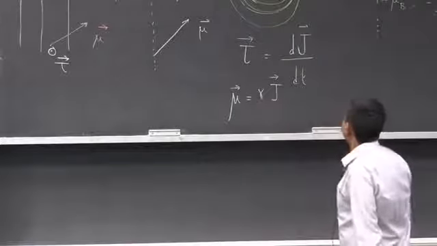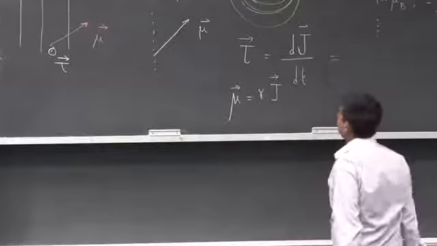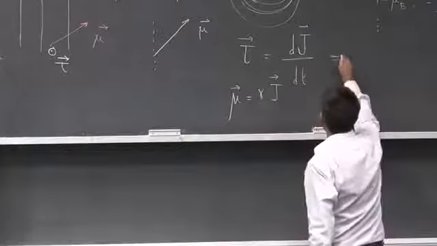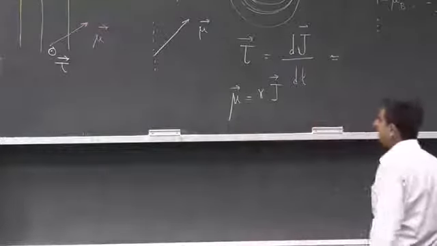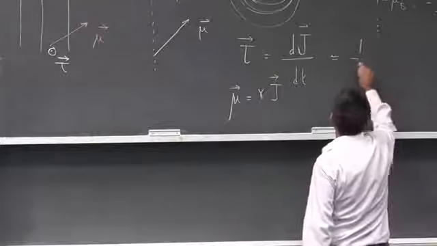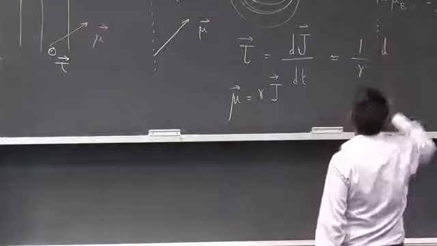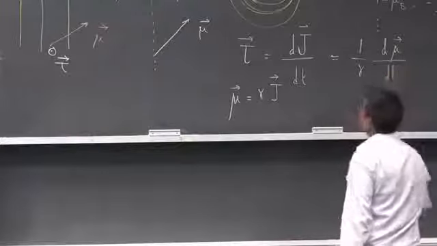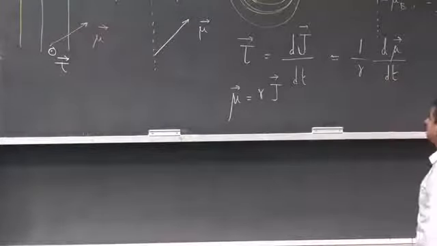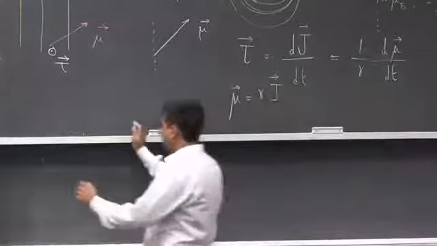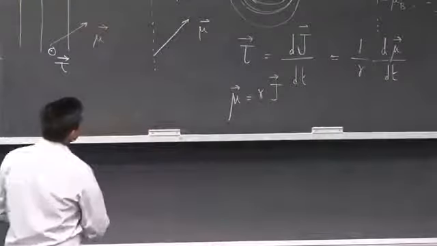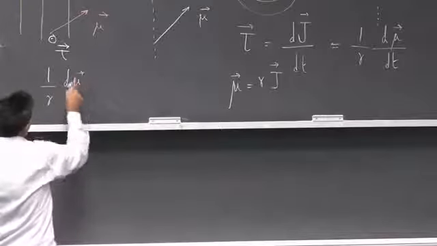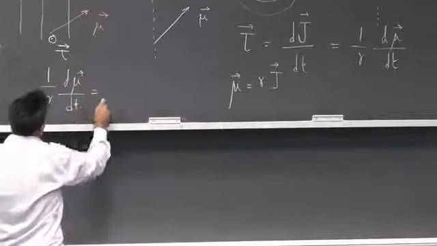This means that the torque gives rise to a variation in the angular momentum, and also a variation in the magnetic moment. So this is 1 over gamma d mu by dt. This is the torque. Now this means that 1 over gamma times d mu by dt is equal to mu cross B.